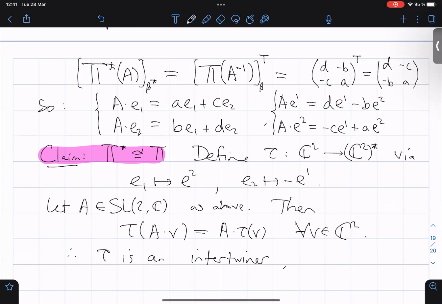So this is an intertwiner isomorphism, and so pi is isomorphic to pi star. Questions on that?